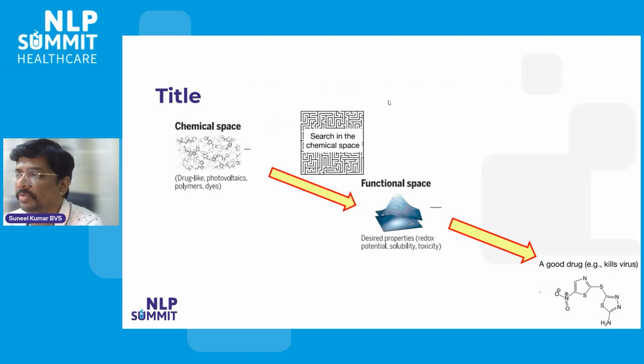So basically what we are trying to do is identify it from the chemical space. We are searching using different techniques, whether we call it virtual screening, de novo designing, pharmacophore or structure-based virtual screening, with a property space in mind, like stability, solubility, toxicity and off-target effects, and that matches all these property thresholds. We make sure we can consider these molecules for the next stage of synthesis and screening.